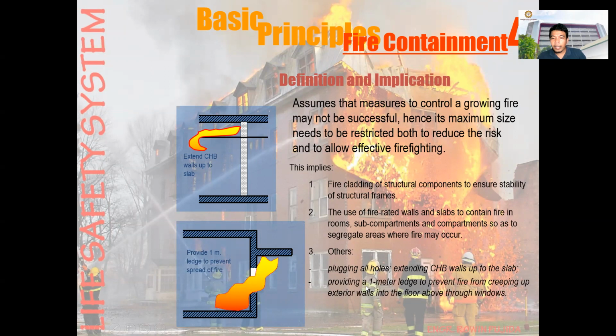And then provide a 1 meter ledge to prevent fire from creeping up exterior walls into the floor above through the windows. You can have a canopy, which is a 1 meter canopy, to prevent the fire from creeping up exterior walls into the floor above through the window.